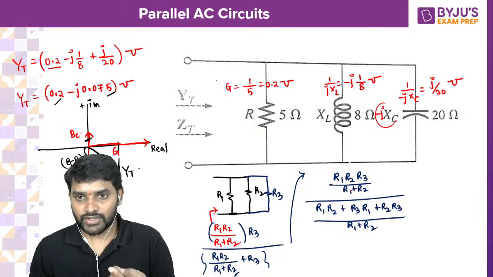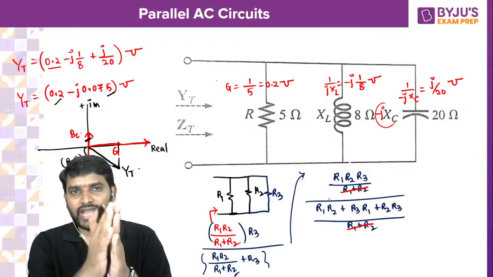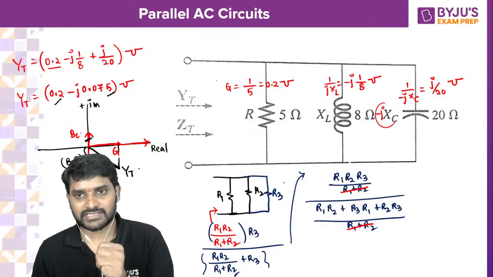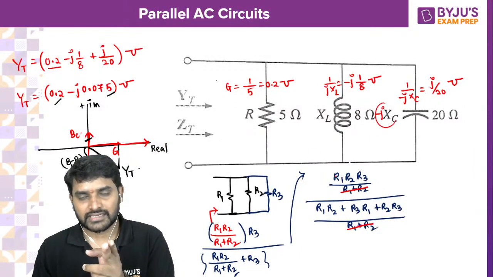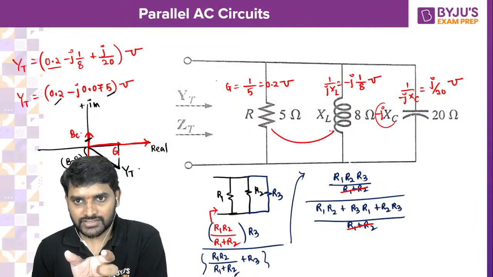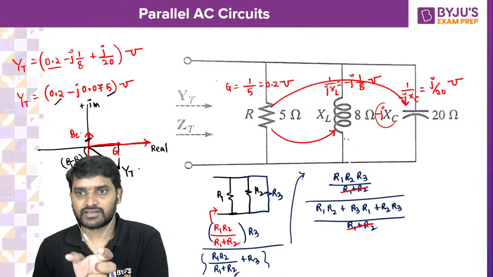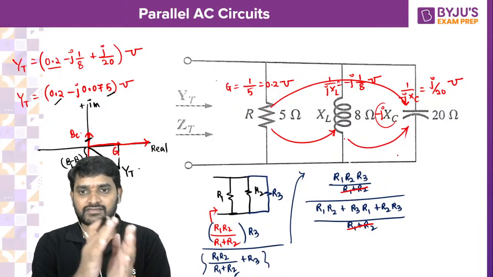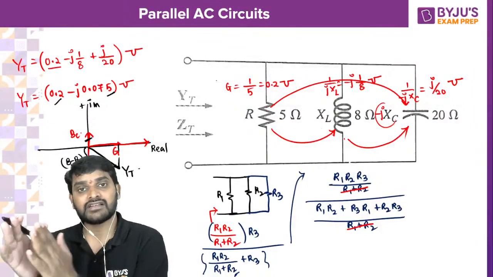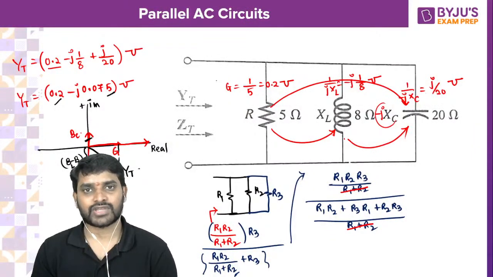So you can cancel this out. If you have n number of elements, what you have to do is like this. If you have three elements, the product of the three divided by the product of these two, next these two, next these two: R1 R2 plus R2 R3 plus R1 R3. Like that you can do. Similarly for this one also you can take up.